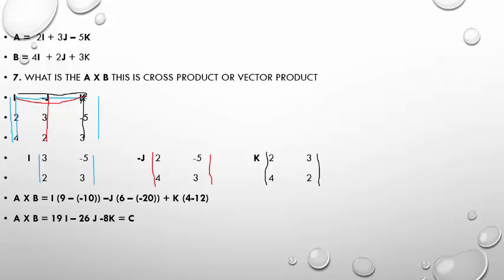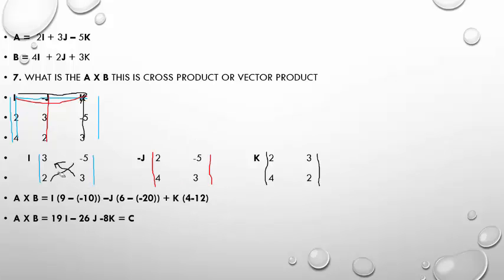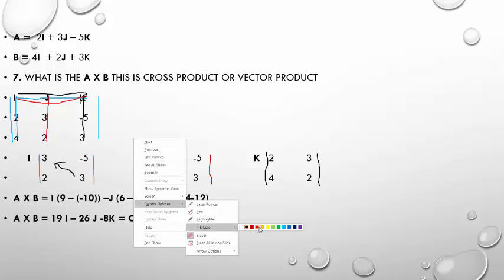After that has been done, we now do the operation on the matrix. So it should now be 3 times 3, then minus 5 times 2.